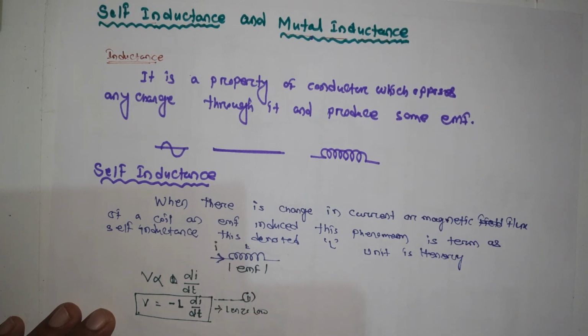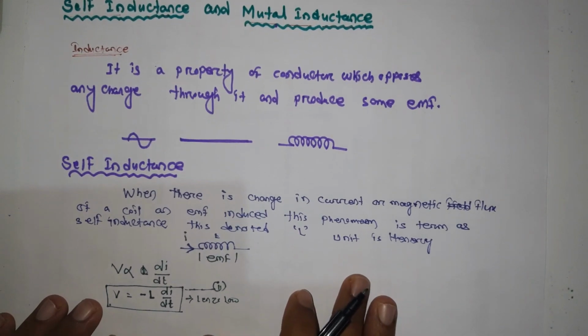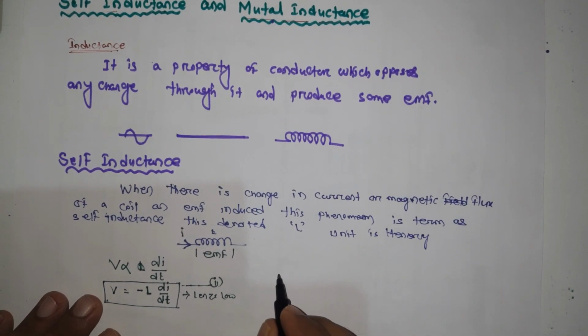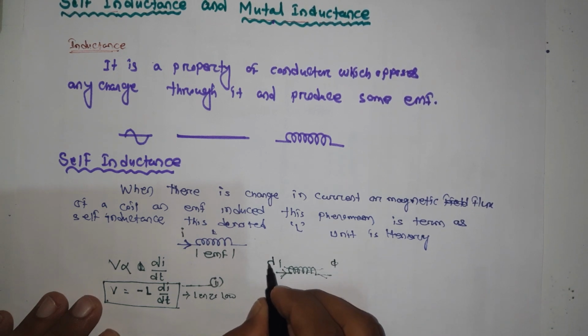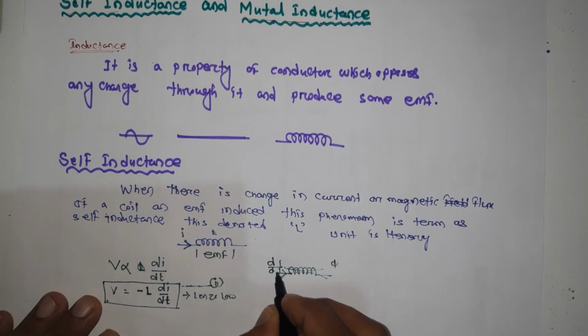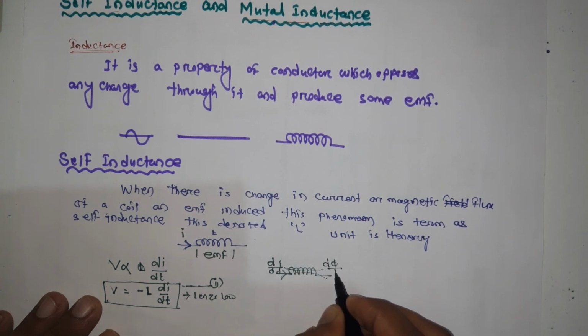We know that according to Faraday law, when we apply current I through it, it produces some flux phi. If this current is changing in nature, then the flux is also changing in nature.